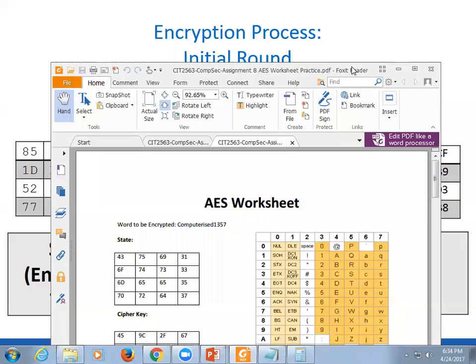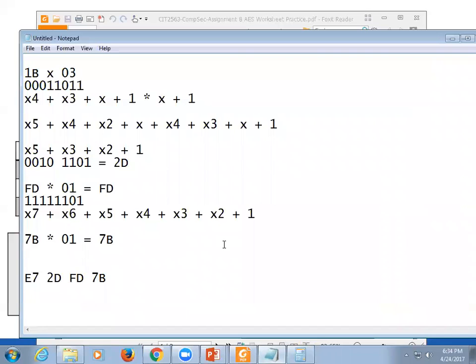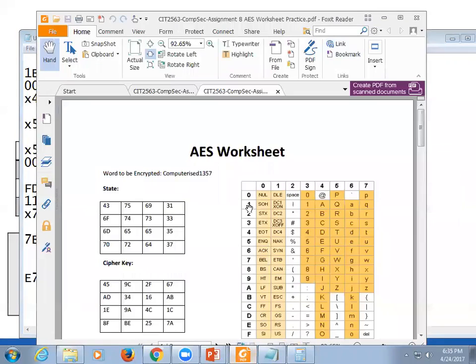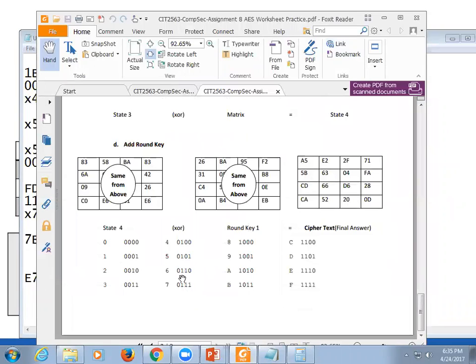I still don't understand why that 1B times 03 doesn't work, because if we convert it to decimal, it's only 27 times 3, which comes to 81, which isn't going to overflow, because it doesn't overflow. Well, let's look at it again. This is the 1, and this is 3: 0, 0, 1, 1. Did I do the wrong one on this sheet?